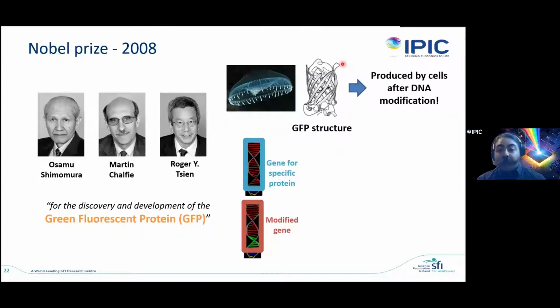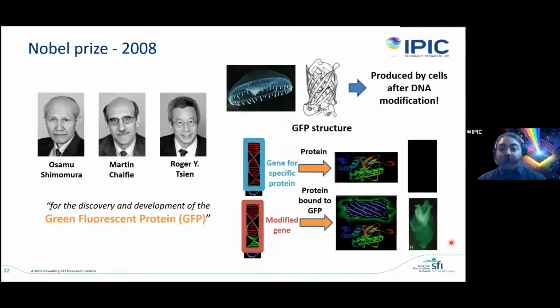Then they modified the DNA of a certain organism and saw if this organism would produce the GFP. And upon success, they generated a fluorescent organ, for example.